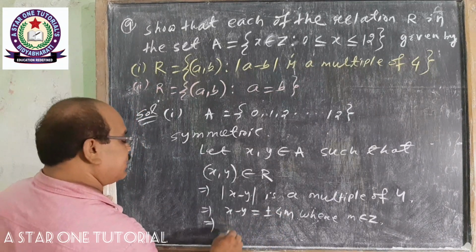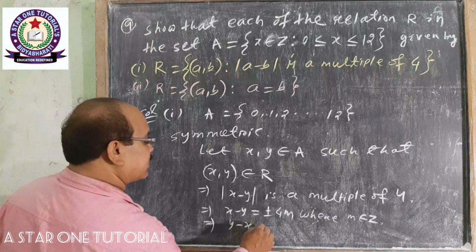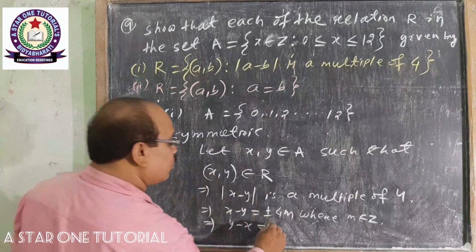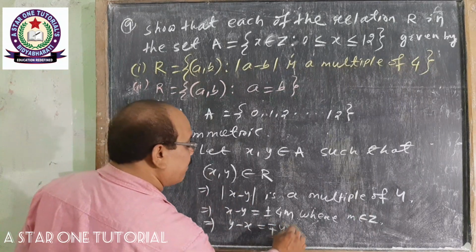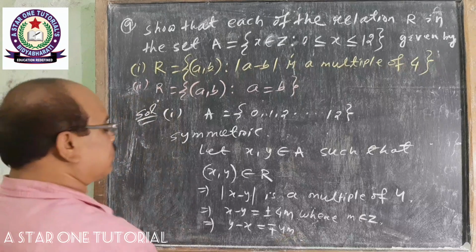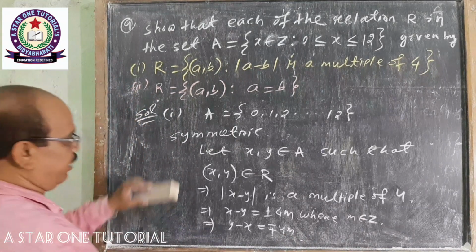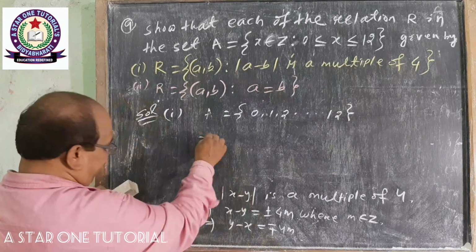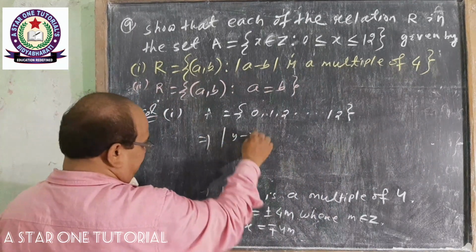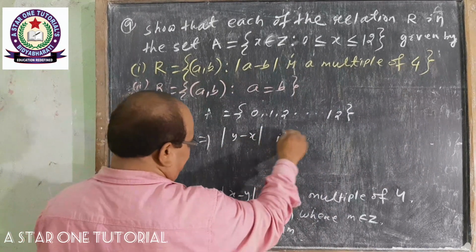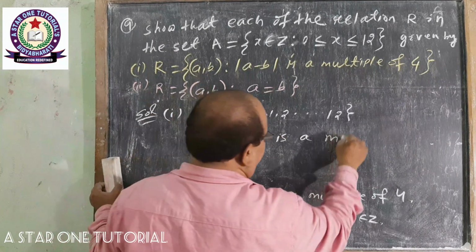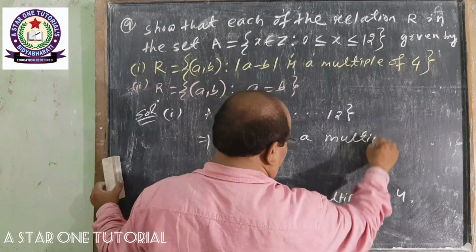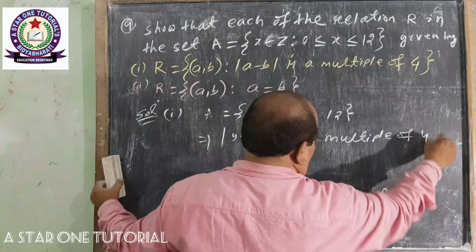So x minus y is equal to plus or minus 4m, which implies y minus x is equal to minus or plus 4m. That implies modulus of y minus x is a multiple of 4.